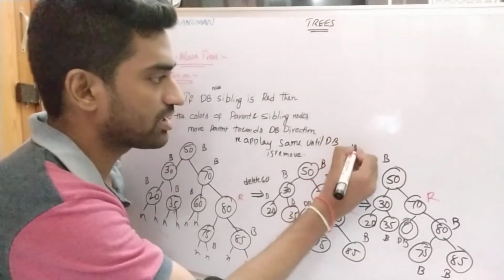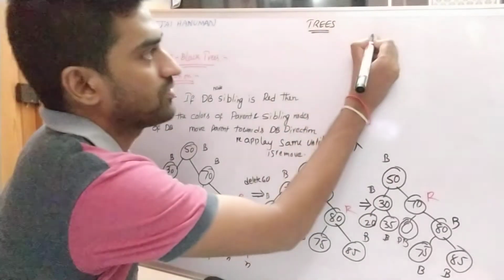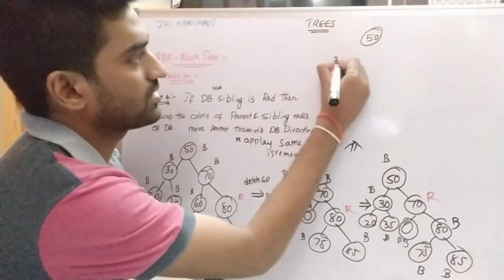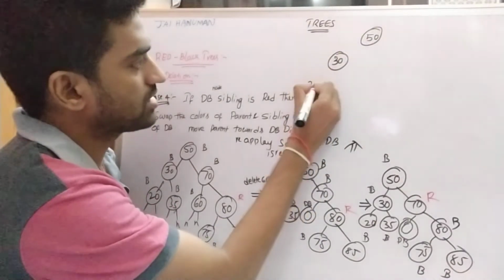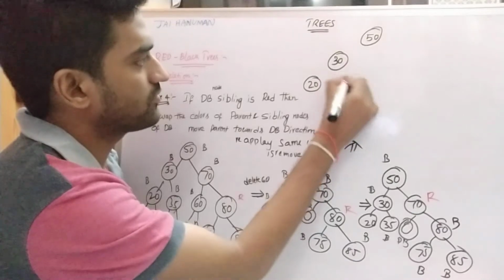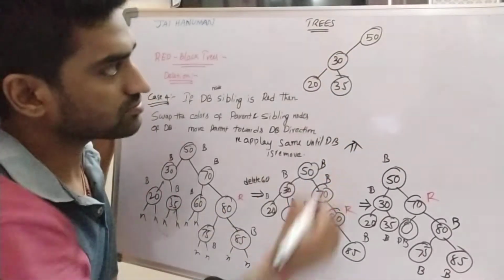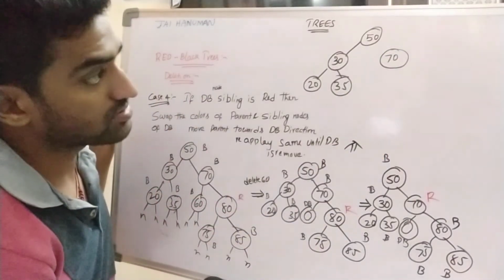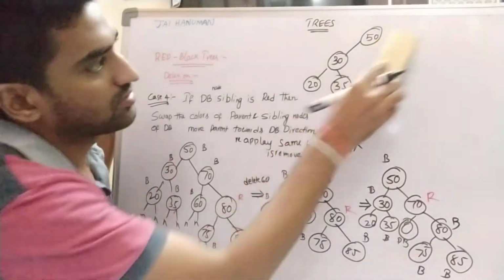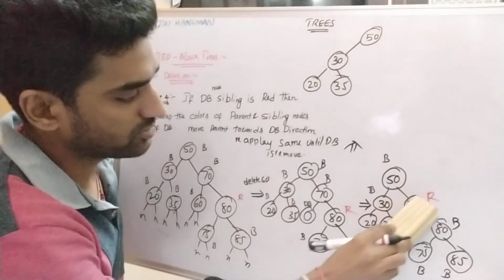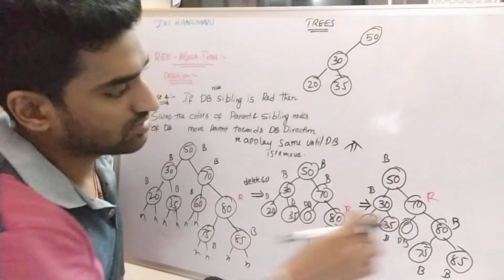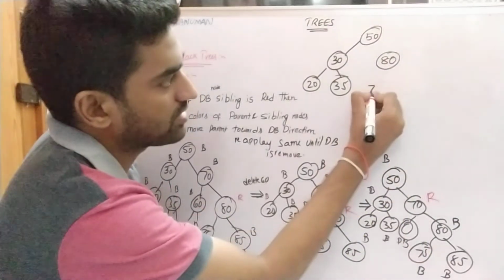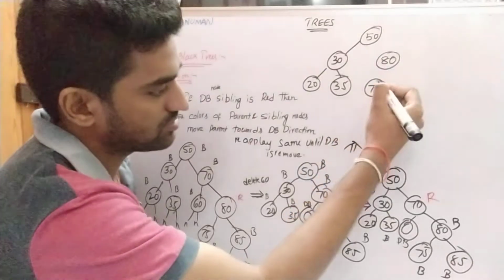Now the tree becomes like this: 50, 30, 20, 35, 70. After moving 70 towards DB, 80 is upward. So 80, 70. Then this is DB.